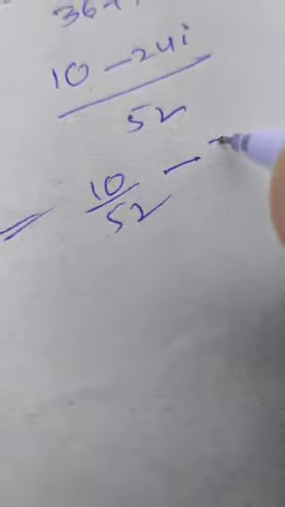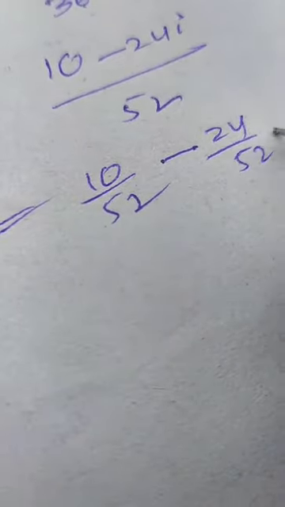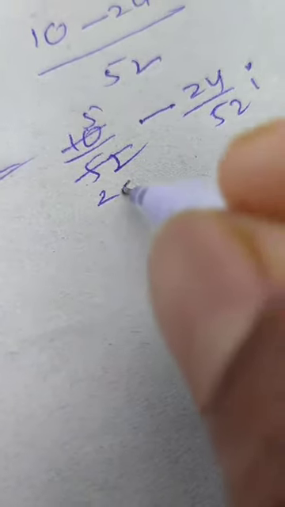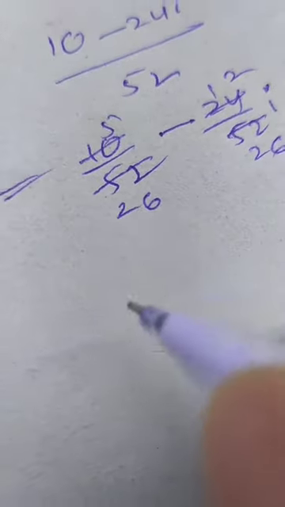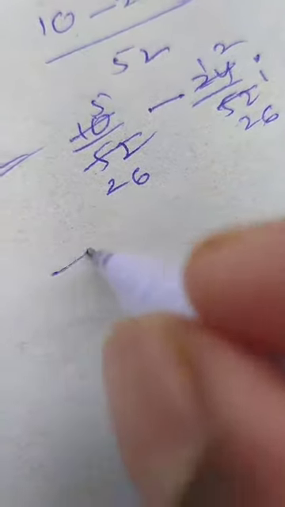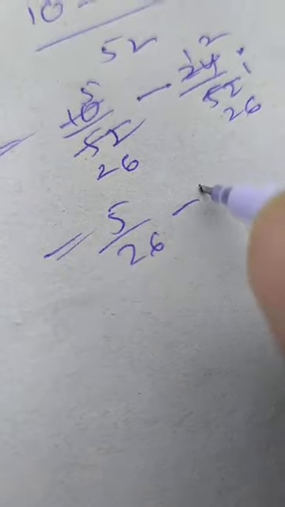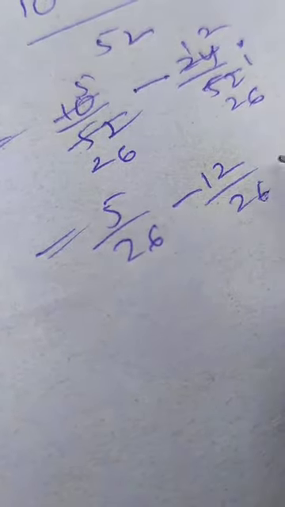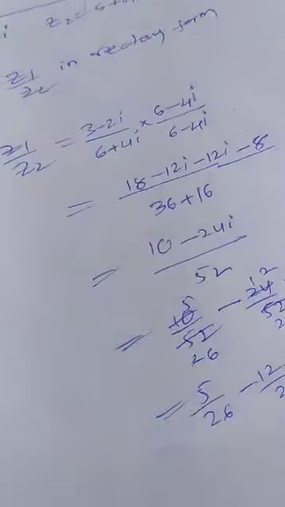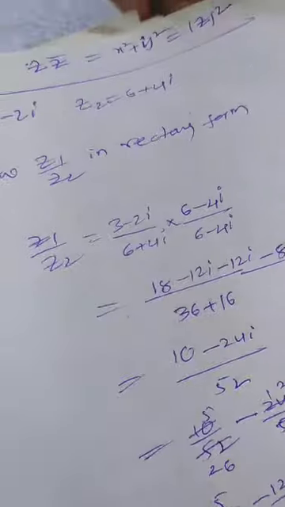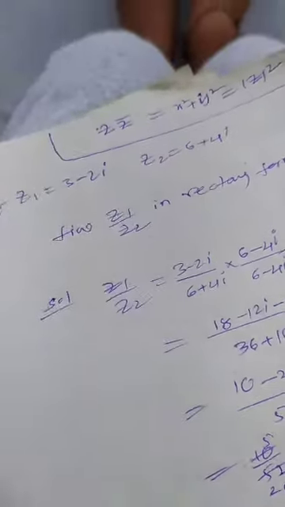You can separate like this, 26 by 52 minus 24i by 52. So this is the simplest form. Dividing by 2, we get 1 by 2 minus 6i by 13. So this is the rectangular form of the given Z1 by Z2.